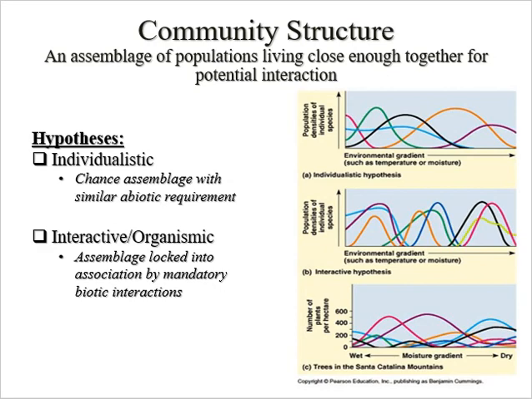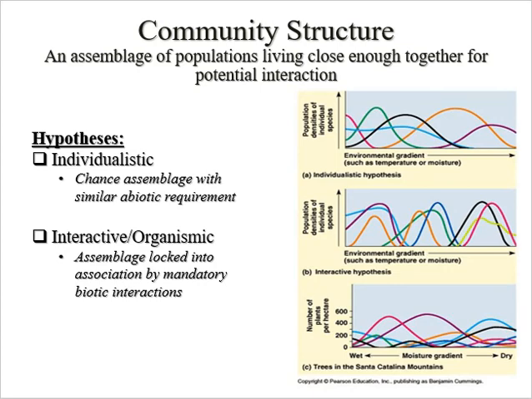Different ecological communities can be pretty different from one another in terms of the types and numbers of species that they contain. One way to describe this difference is to say that communities have different structures.